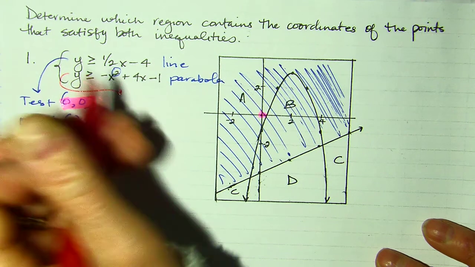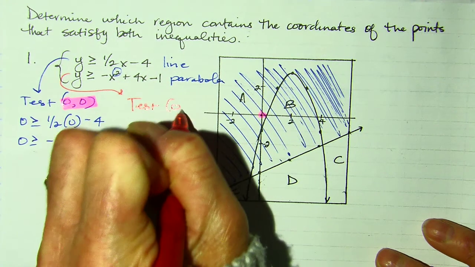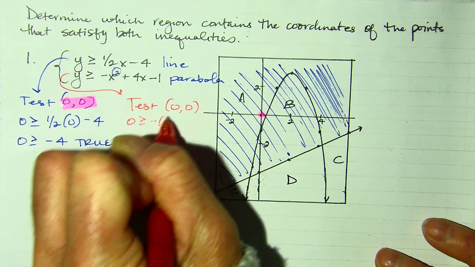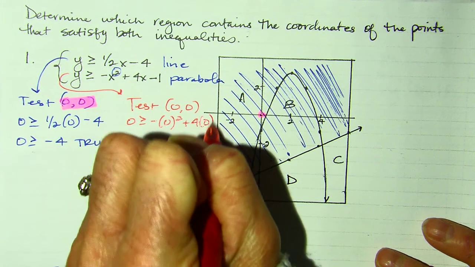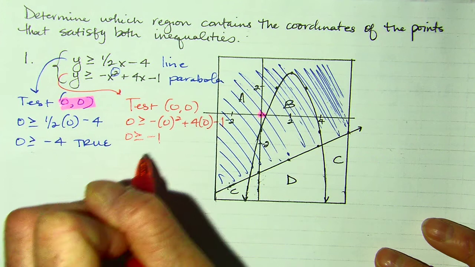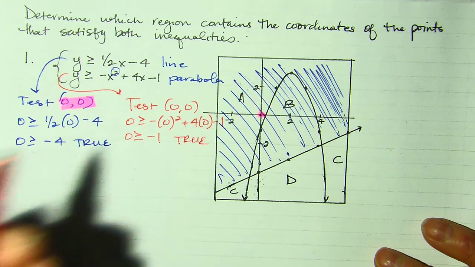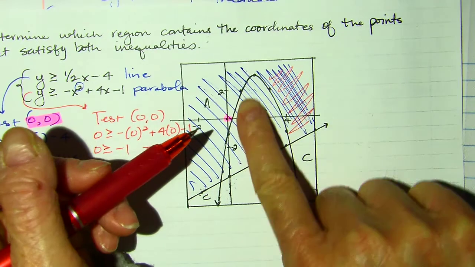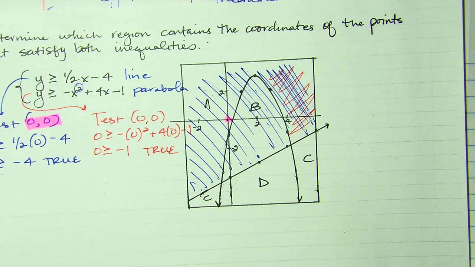Now let's try the parabola. I'm going to test 0, 0. So is 0 greater than or equal to negative 0 squared plus 4 times 0 minus 1? Well, that gives me is 0 greater than or equal to negative 1. That is also true. So I'm going to shade, you either shade underneath your parabola or you shade above your parabola.